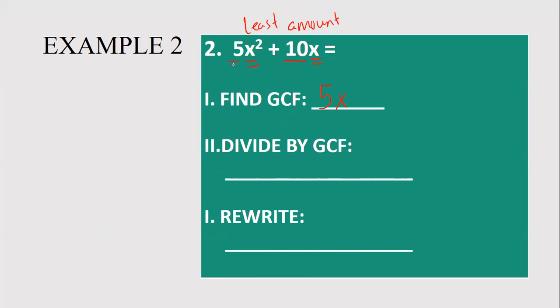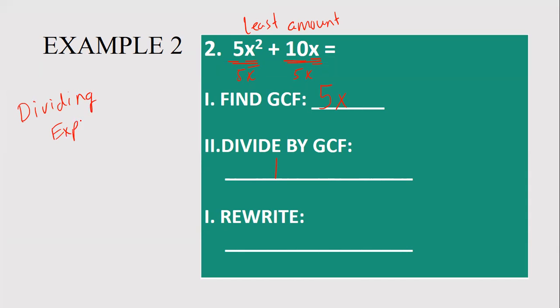Then you divide by the GCF, so I'm dividing by 5x. My quotient: 5 divided by 5 is 1. x squared divided by x: does anyone remember what you're doing when you're dividing exponents? Perfect.